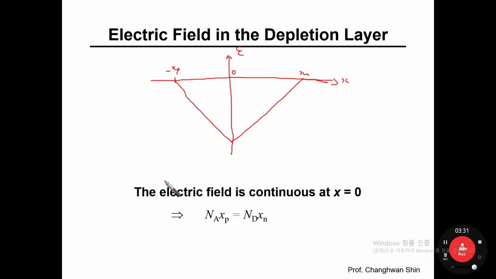Previously, in the previous movie clip, you have seen the game plan for electrostatic analysis. On the very bottom line, you may find this sentence: the electric field across PN junction diode is continuous even at x of 0, even at the physical contact right here between P and N. The electric field is continuous.